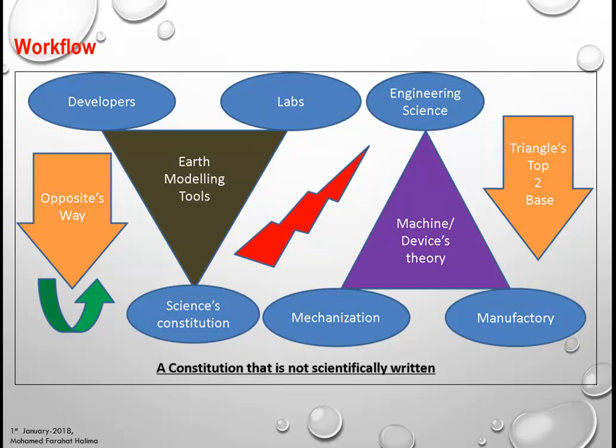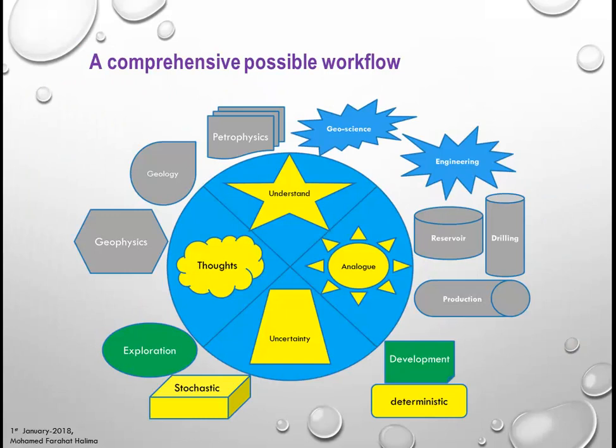Once we have that reference in the academic or scientific library, I believe that triangle will convert upside down again, back to the normal triangle, as on the left hand side I drew it. So I think that diagram might be a comprehensive possible workflow. Maybe you agree or disagree with me.